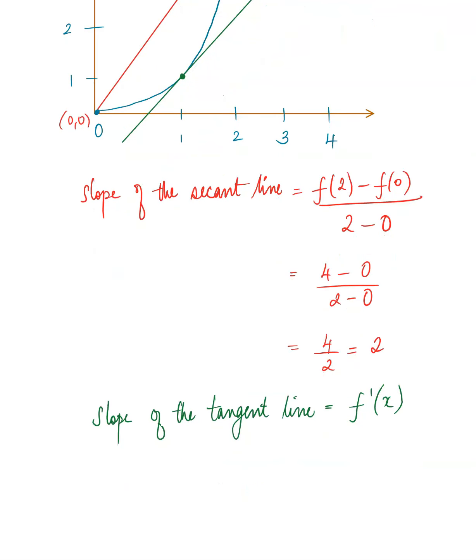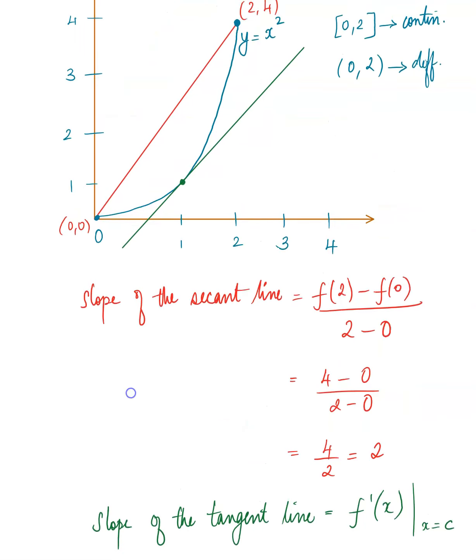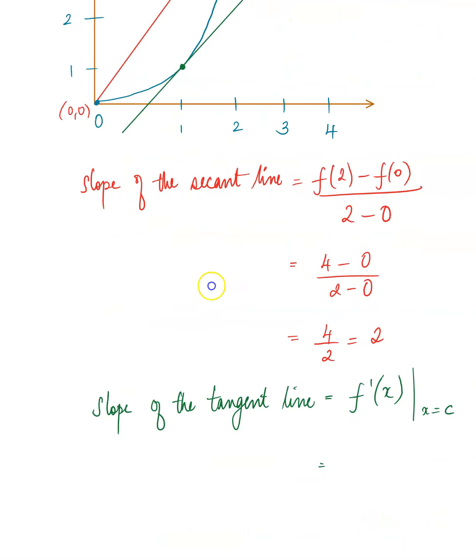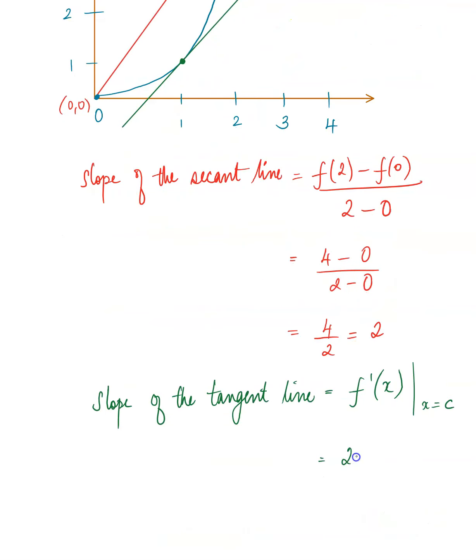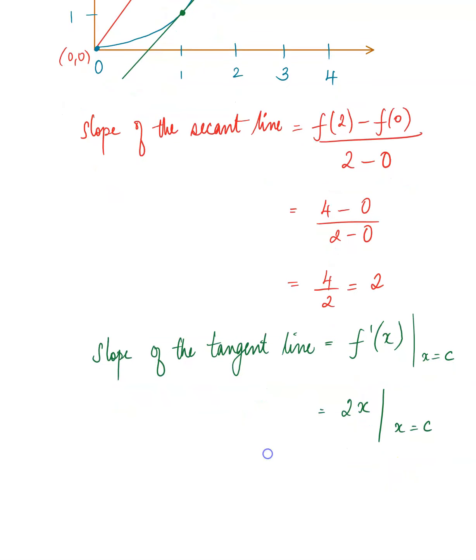And we need to find it at some value c, where x equals c. So what is f prime of x? We know f of x is x squared. So take the derivative of x squared, that gives us 2x, where x is that particular value c. 2x is for the entire function. This is for a particular value c, which means it's 2c.